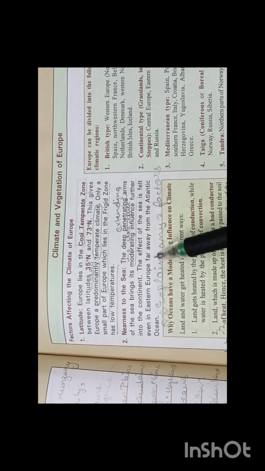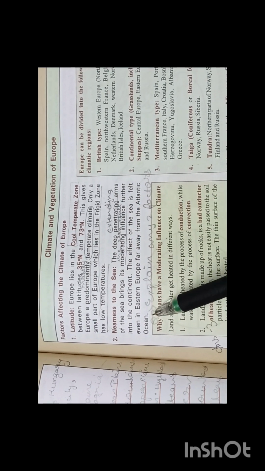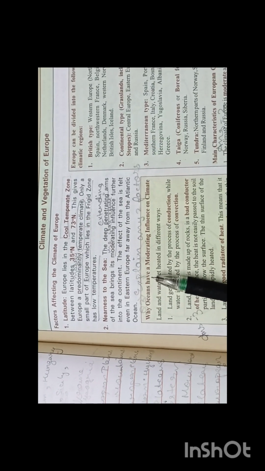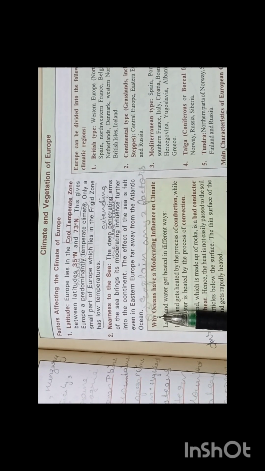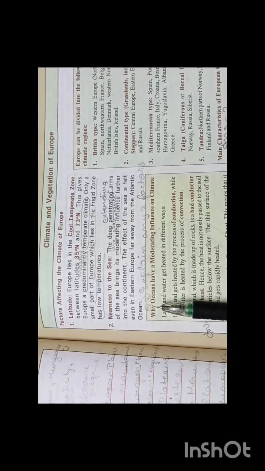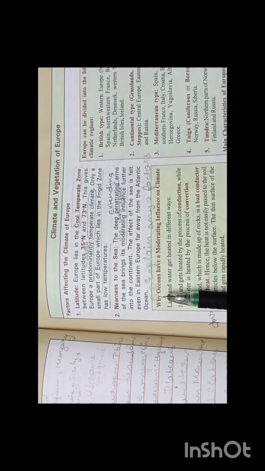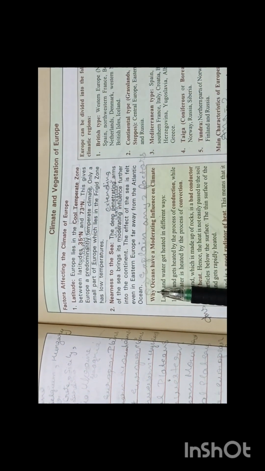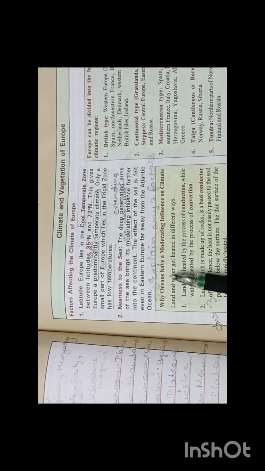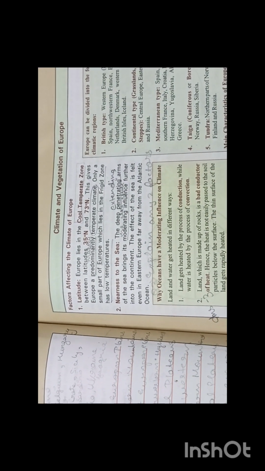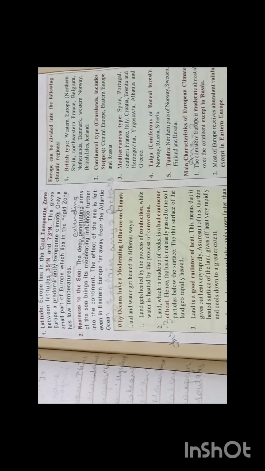The effect of the sea is felt even in Eastern Europe, which is far away from the Atlantic Ocean. Still the effect of the sea is felt there. Now you can understand how greatly it affects the climate of Europe.